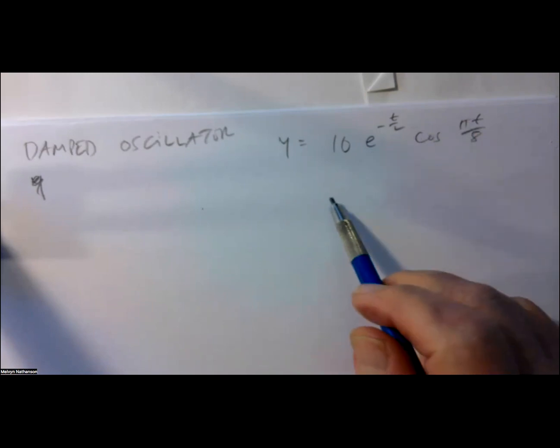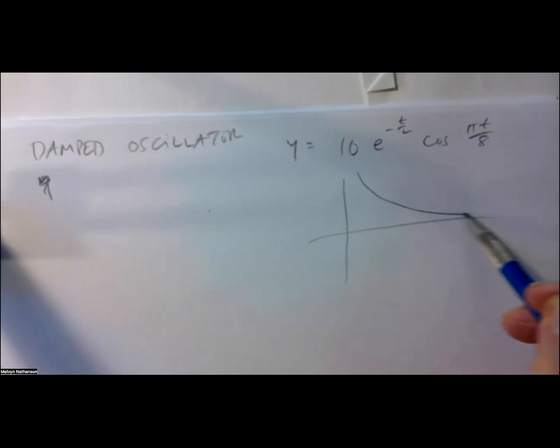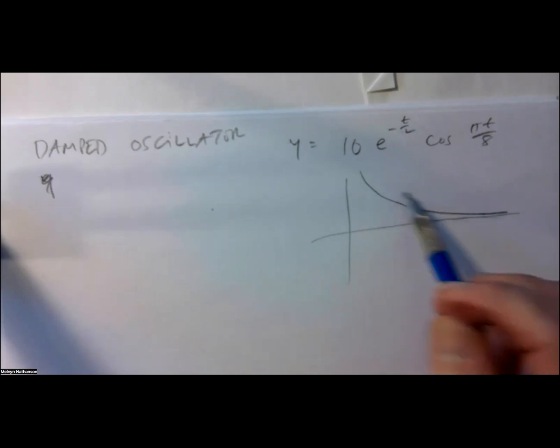So this e to the minus t over 2 is an exponentially decaying curve.